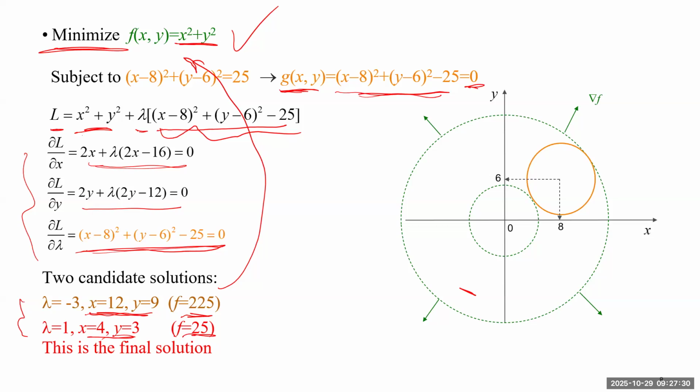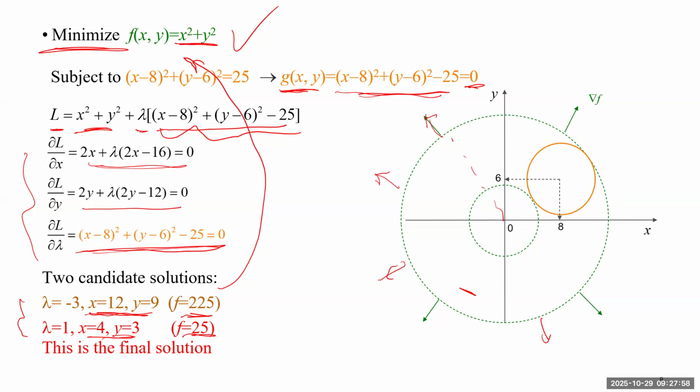If you draw a straight line starting from the origin, the gradient will be on that straight line, right? That's leaving. So any point on that circle will have a gradient vector leaving from the origin. And if you move further from the origin, you have a bigger circle and the vector will be longer, which means that's the direction of cost function to increase.